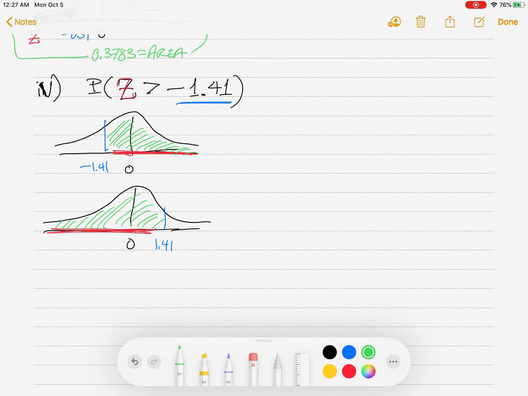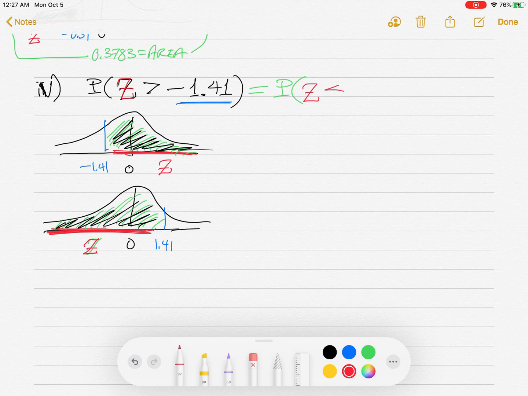We want z to the left of positive 1.41, which is the same as the area to the right of negative 1.41.